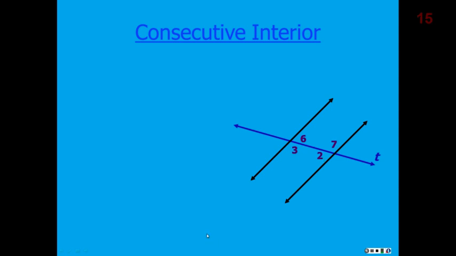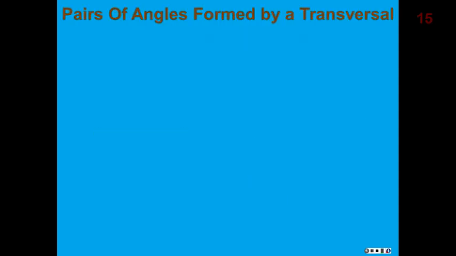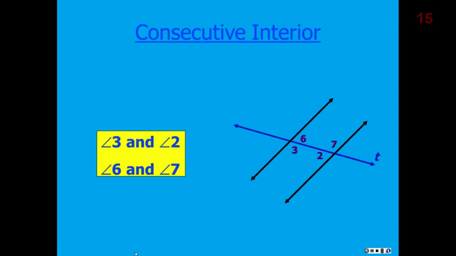So if they're on a line, what's the relationship? Supplementary, which totals what? Okay. Did I go too fast on that, you guys? Let me go back. I think that went a little fast. So 3 and 2 total 180. 6 and 7 total 180. Okay? Because they're supplementary.